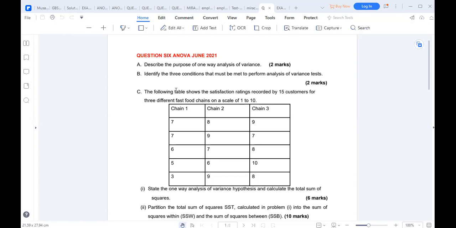Now, ANOVA has a number of assumptions that you need to know. Number one, they are normally distributed. Number two, the means have equal variance.